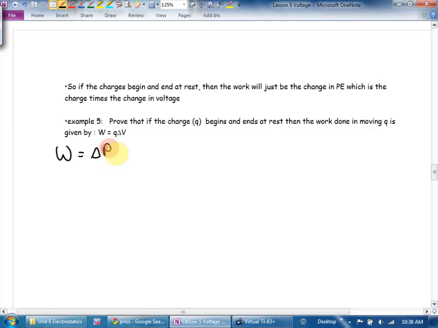Work is change in potential plus change in kinetic. True? If we start and end at rest. True? Okay. Now, over here I'm going to say, for what it's worth, voltage is defined as energy per Coulomb.